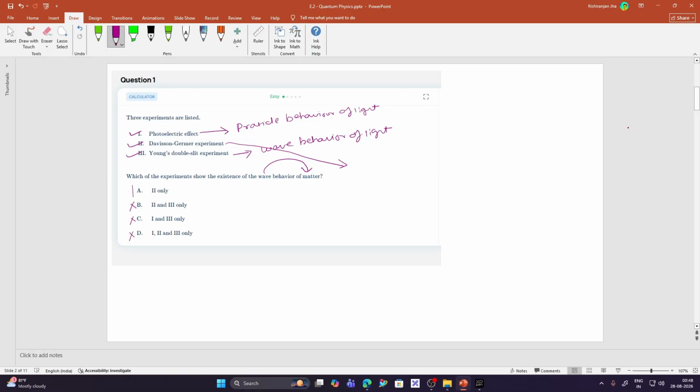So we are left with only one option, that is option A, which says the Davisson and Germer experiment successfully proved the wave behavior of matter.